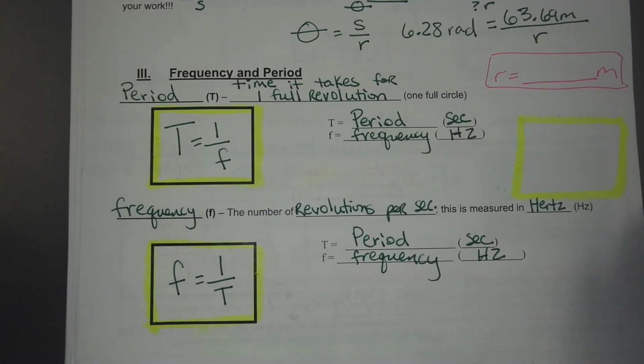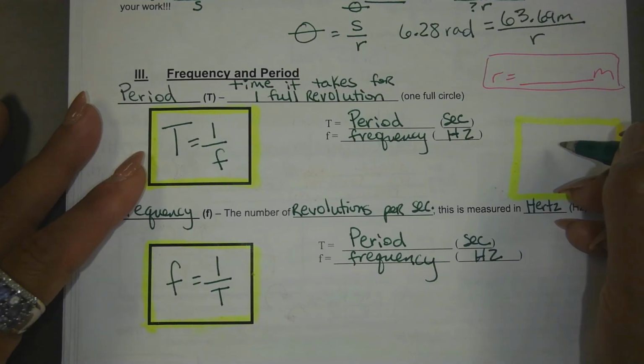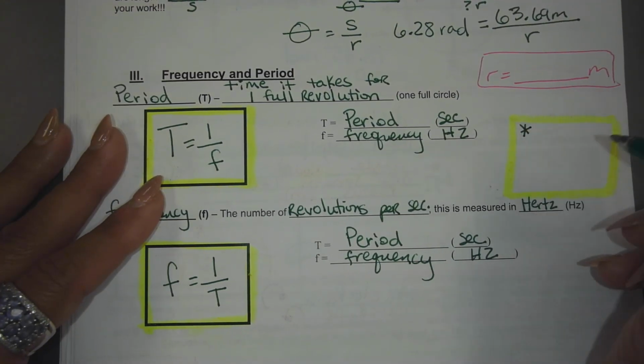Now, the problem, though, comes here in the fact that when we start to do this, unfortunately, they don't give us period, and they don't even give us frequency. They actually give us the definition or the information. So for an example, this is what I truly used. I'm going to come over here and star this.